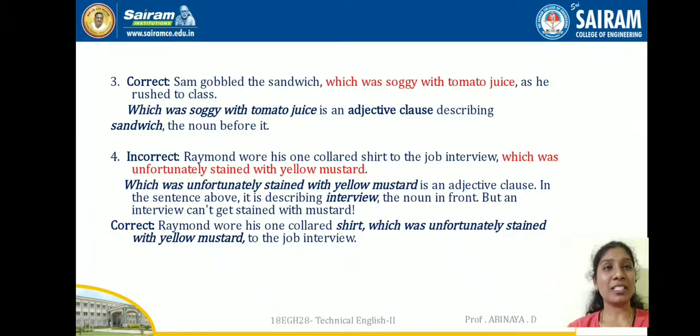"Which was unfortunately stained with yellow mustard" is an adjective clause. In the sentence above, it is describing the interview, the noun in front of it, but it is not the interview, right? It is the shirt which was stained. So the right placement is, Raymond wore his yellow-collared shirt which was unfortunately stained with yellow mustard to the job interview. So by changing those phrases, we can get the right sense.